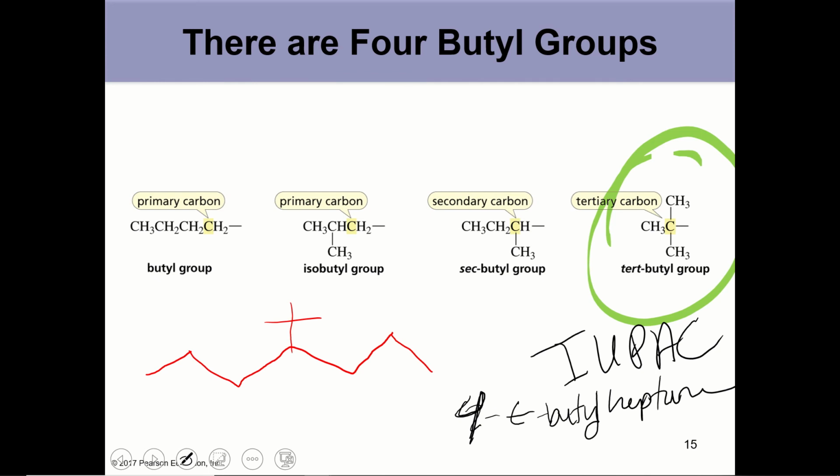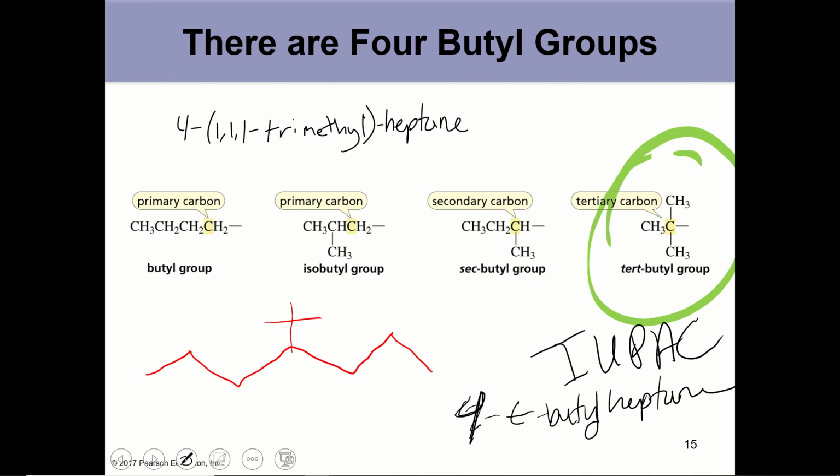For example, what we have drawn in the lower left corner is a 4-tert-butyl heptane. And if we neglected to use the shorthand of tert-butyl for that group, we would be calling it 4-(1,1,1-trimethyl)heptane.